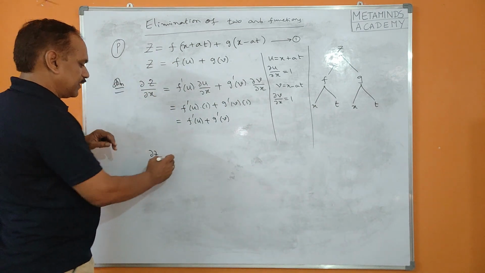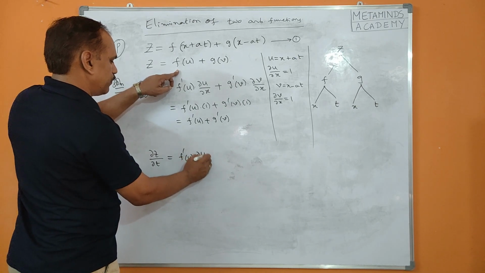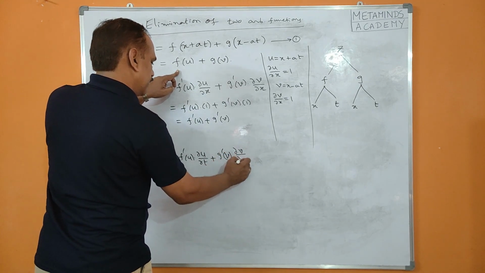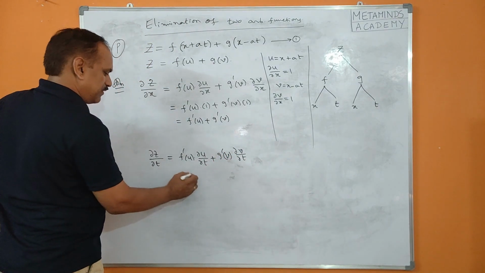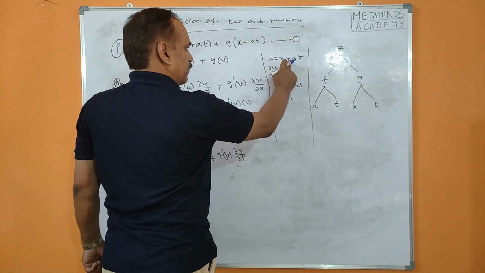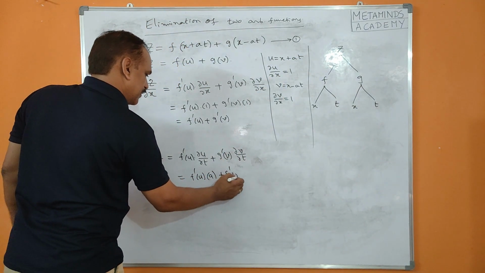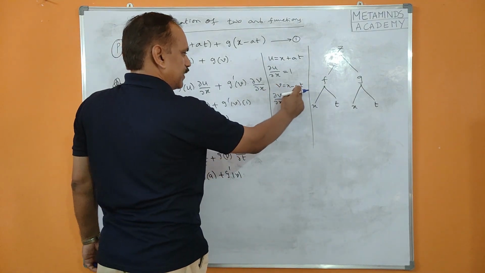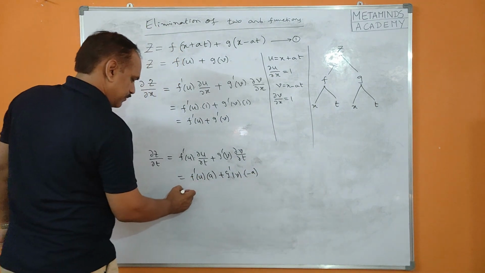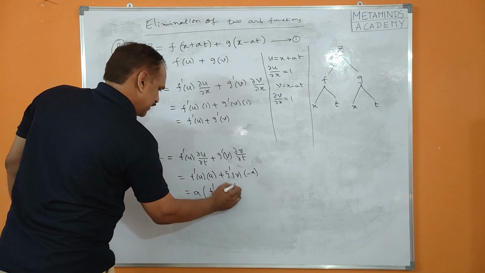Dou z by dou t is f dash u into dou u by dou t plus g dash v into dou v by dou t. This is f dash u into, what is dou u by dou t? 0 plus a into 1, a. G dash v into dou v by dou t, 0 minus a into 1, minus a. So a into f dash u minus g dash v.